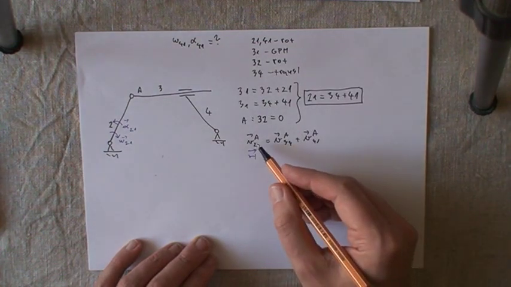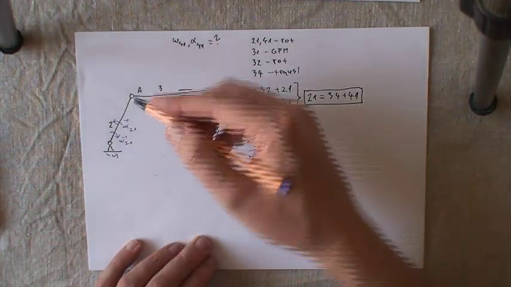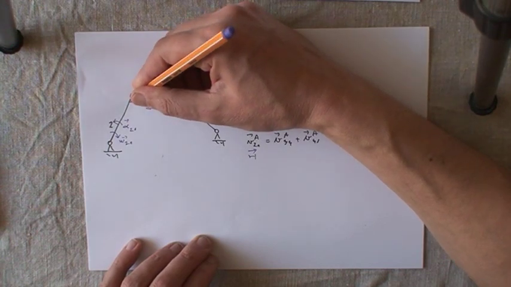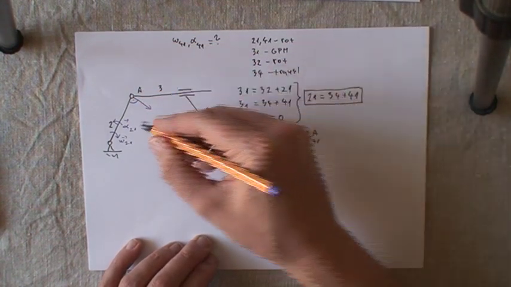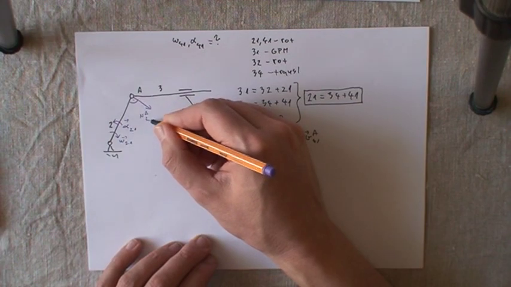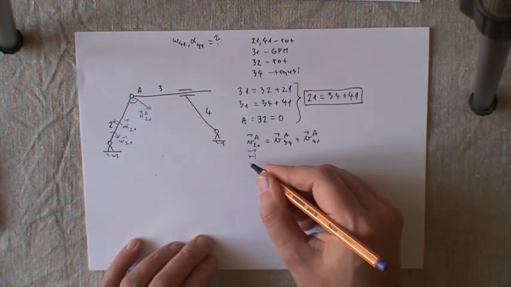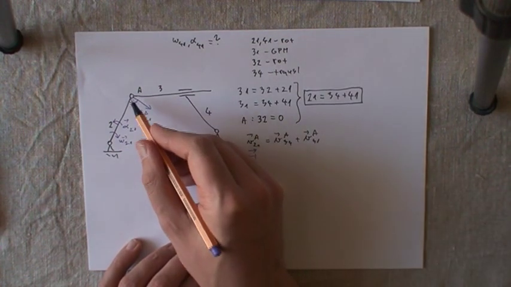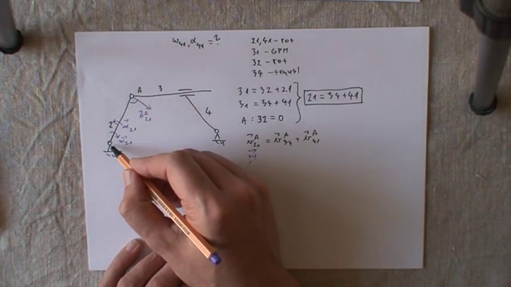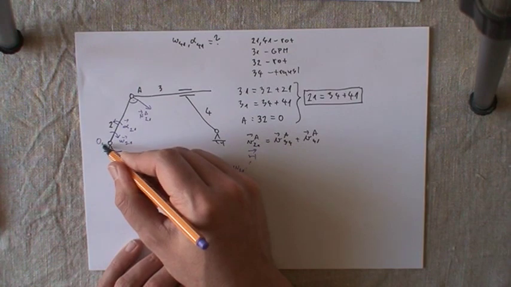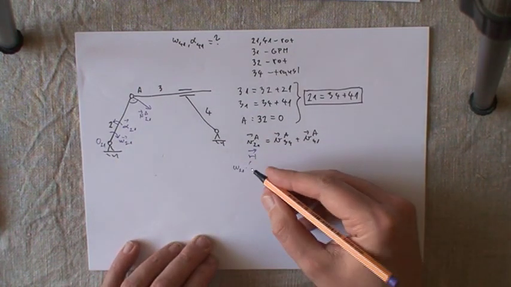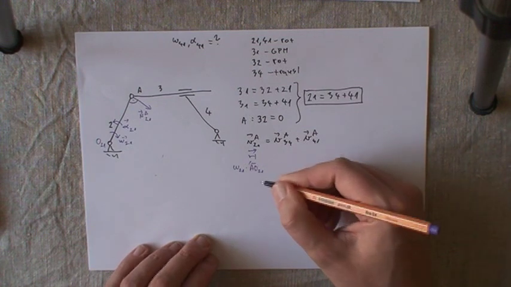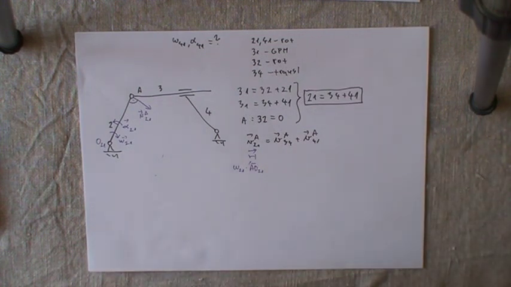So velocity of point A of 2 with respect to the frame is somewhere here. So this is VA 2,1. And the magnitude is omega 2,1 times the distance between A and this point. So we have to call this point something. Let's call it O21. So that would be A O21 distance, sorry.